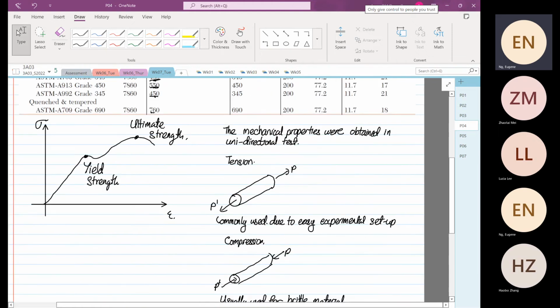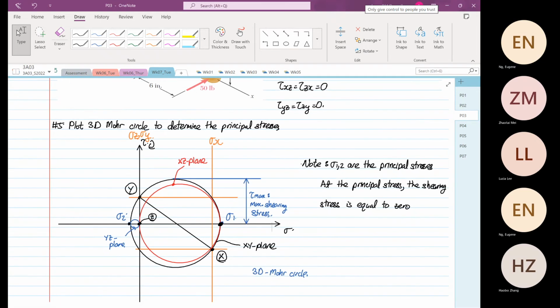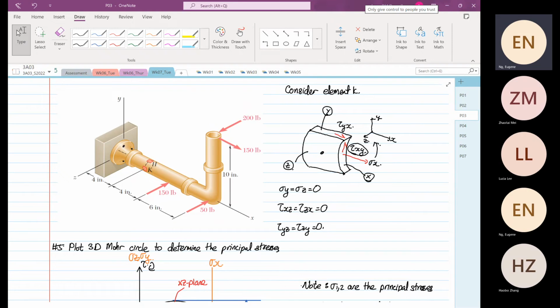Now, how do all these tests that we see relate to our principal stress? If we look at our structure, it is not loaded in uniaxial, right?